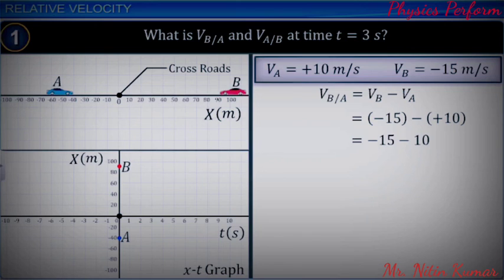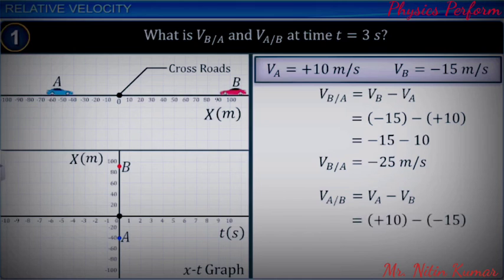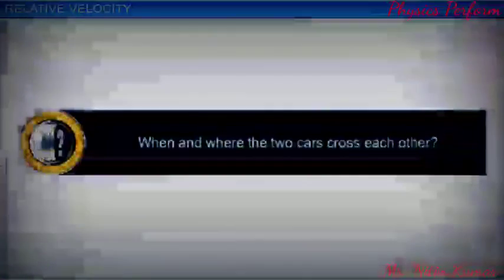By substituting and simplifying, we get Vb by A equal to minus 25 meter per second. Similarly, Va by B is equal to Va minus Vb. By substituting and simplifying, we get Va by B equal to plus 25 meter per second.